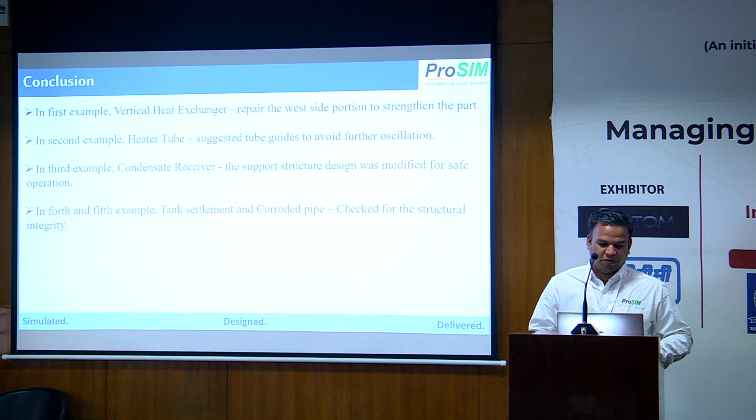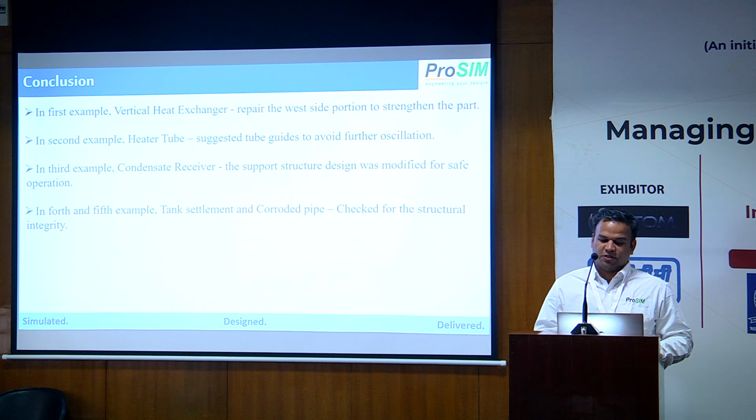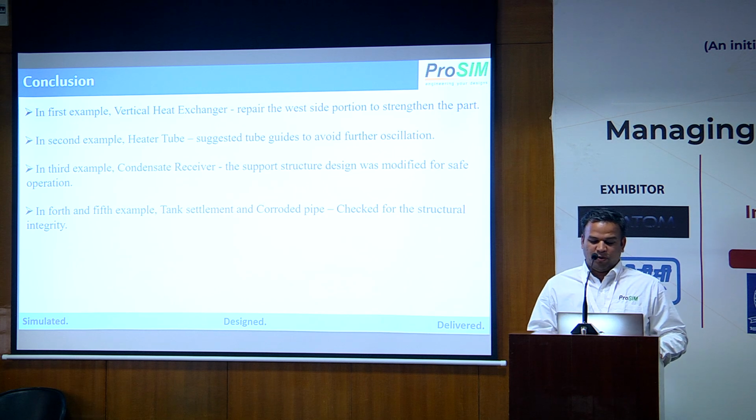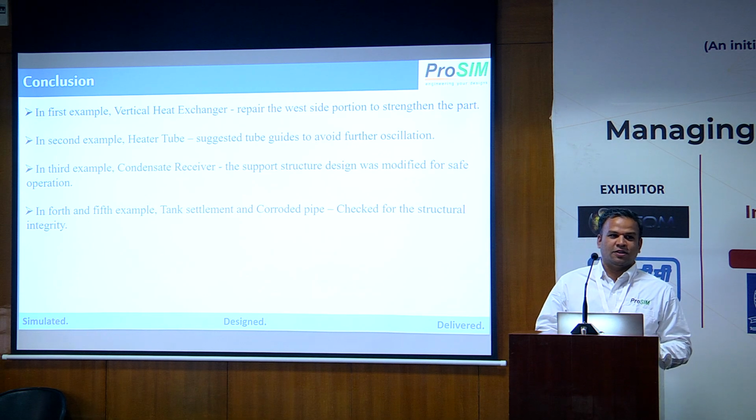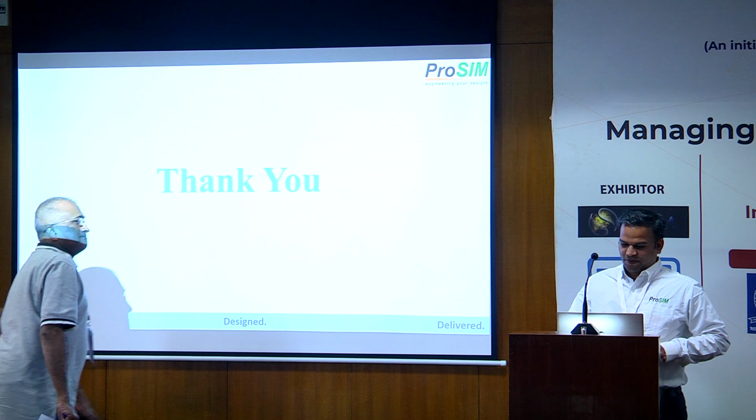Concluding with the examples: in the heat exchanger, we suggested repairing the west side portion, strengthening that part of the heat exchanger. In the heater tube, we suggested tube guides to avoid further oscillation. In the condensate receiver, we supported a modified structure design for safe operation. In the fourth and fifth examples, the tank and the corroded pipe, we checked the structural integrity. That's all. Thank you.